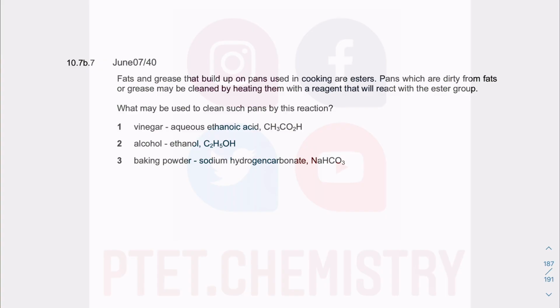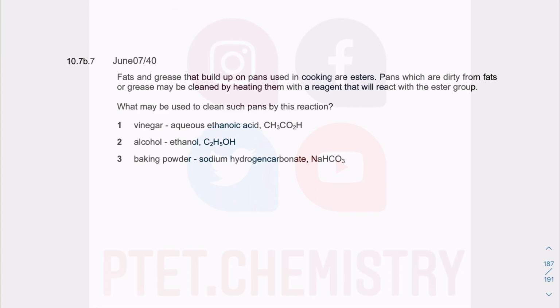So moving on to the next question. We have fats and grease. When you pan fry something or you deep fry something, they build up on pans. Those are what we call esters. So fats and grease, you have known that they are esters.